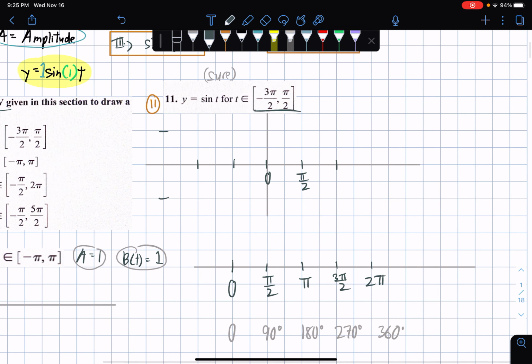Now in number 11, pi over 2, that's the maximum in our element set. So let's focus on the other side. So here is negative pi over 2, negative pi, and then negative 3 pi over 2. I hope you're getting the pattern.